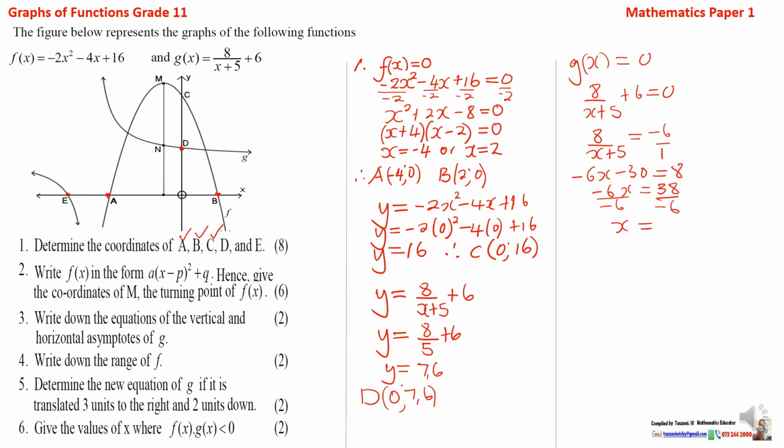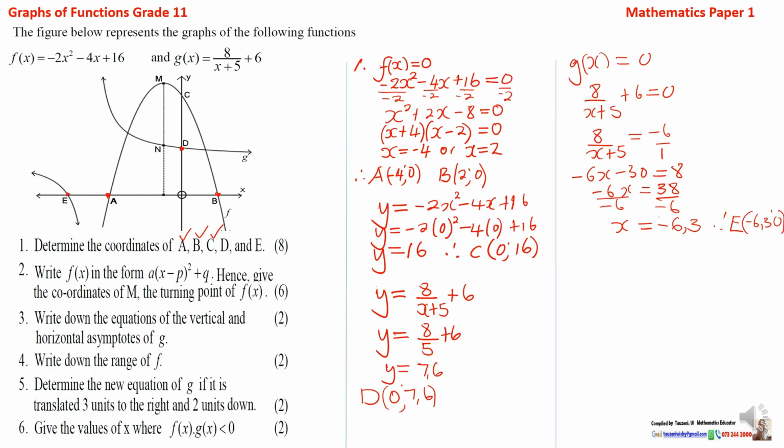I have to simplify 38 divided by 6. So here, the value of x is equal to -6.3. Then I can make a conclusion that this is the coordinates of point E. So therefore, point E is (-6.3; 0). Those are the coordinates of point E.